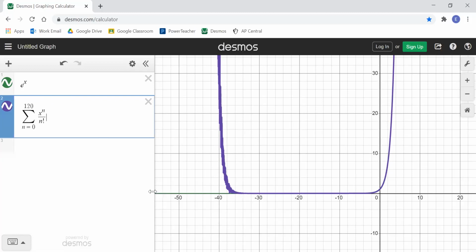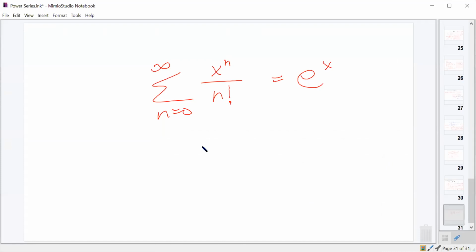If I were to be able to go to infinity, x to the n over n factorial would line up perfectly with e to the x. And this is the first series that we will talk about that converges for all real numbers.